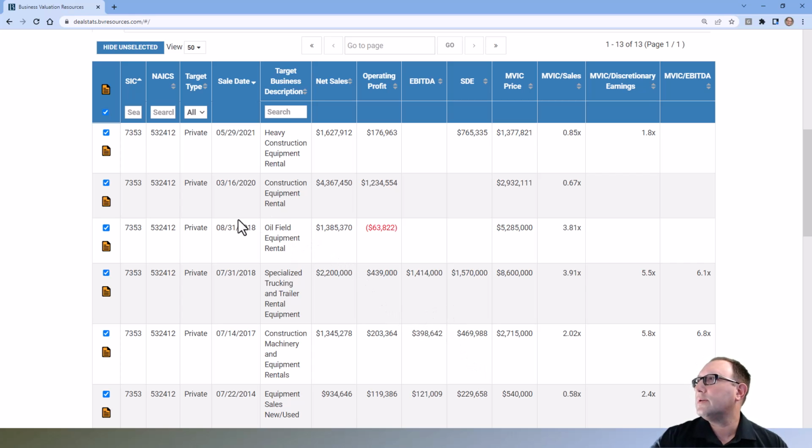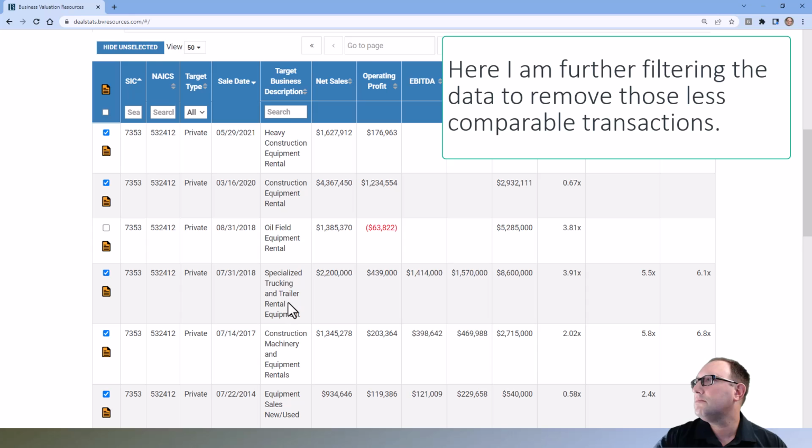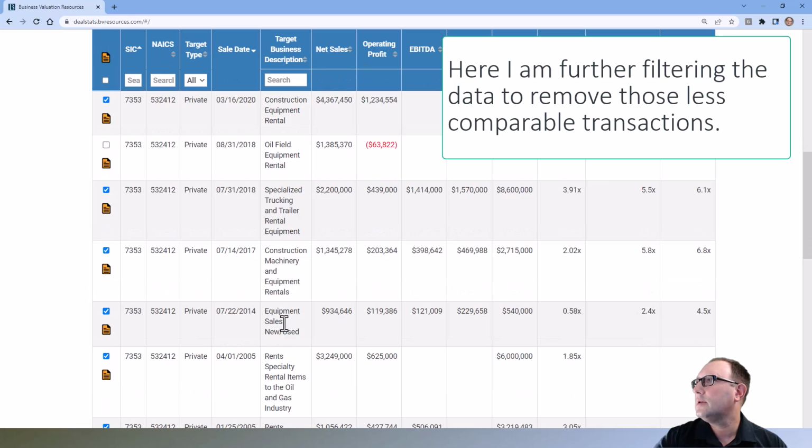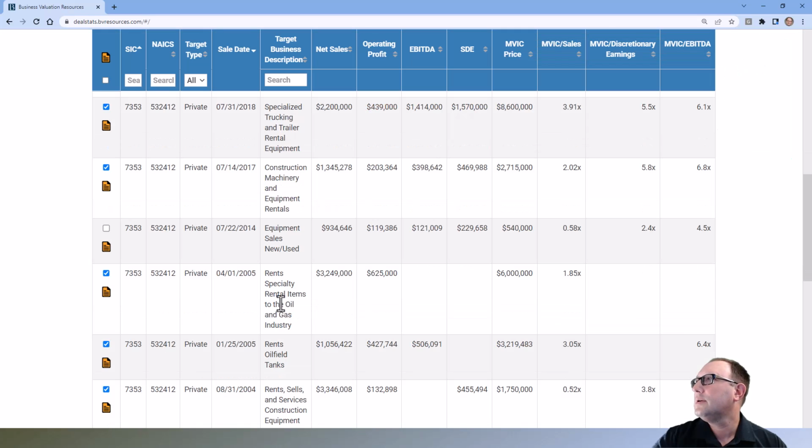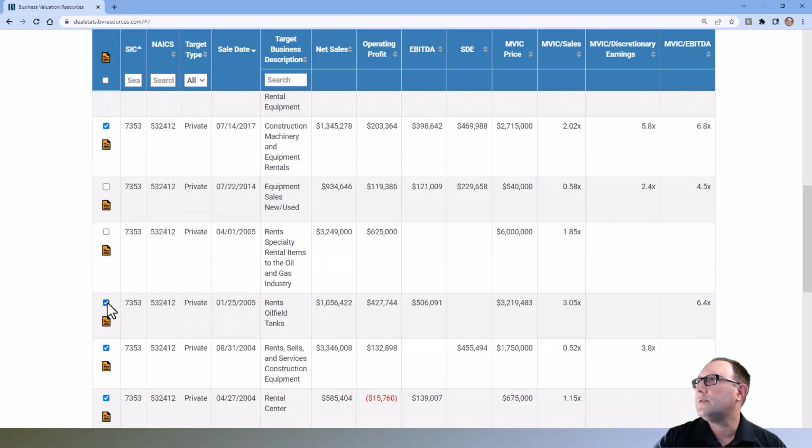Oil field equipment rental. I'm going to uncheck that one. It's not as comparable to what I want to look at. This is good. Sure, that one's okay. Equipment sales, new and used, no. So get rid of that one. Rents specialty rental items to oil and gas industry. Let's get rid of that one. Rents oil field tanks.